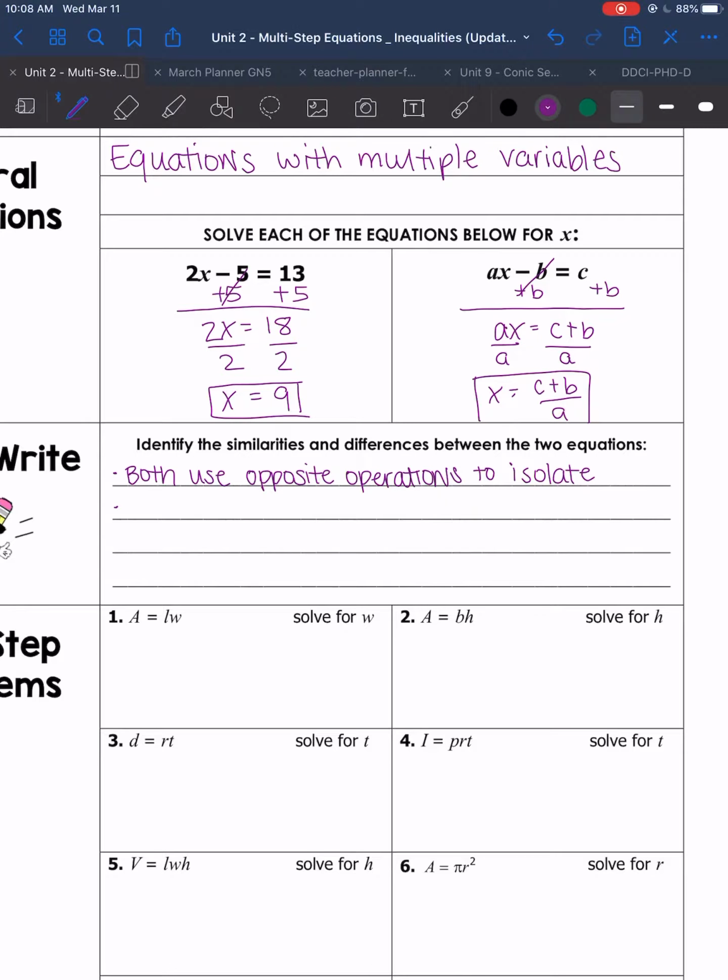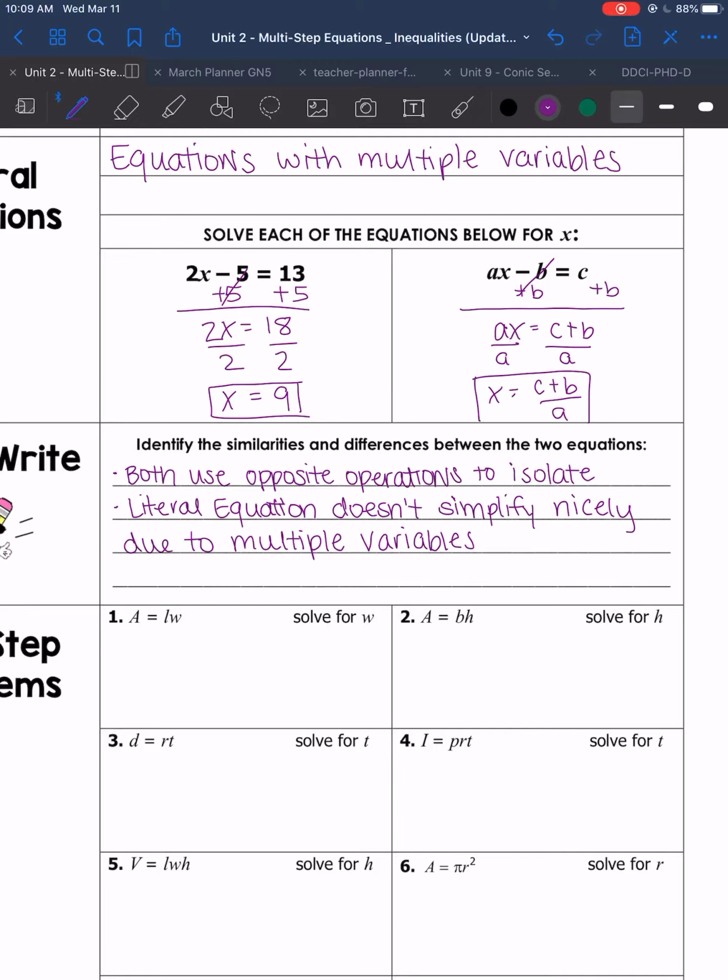And then the literal equation doesn't simplify nicely due to multiple variables, whereas the equation with the numbers did.